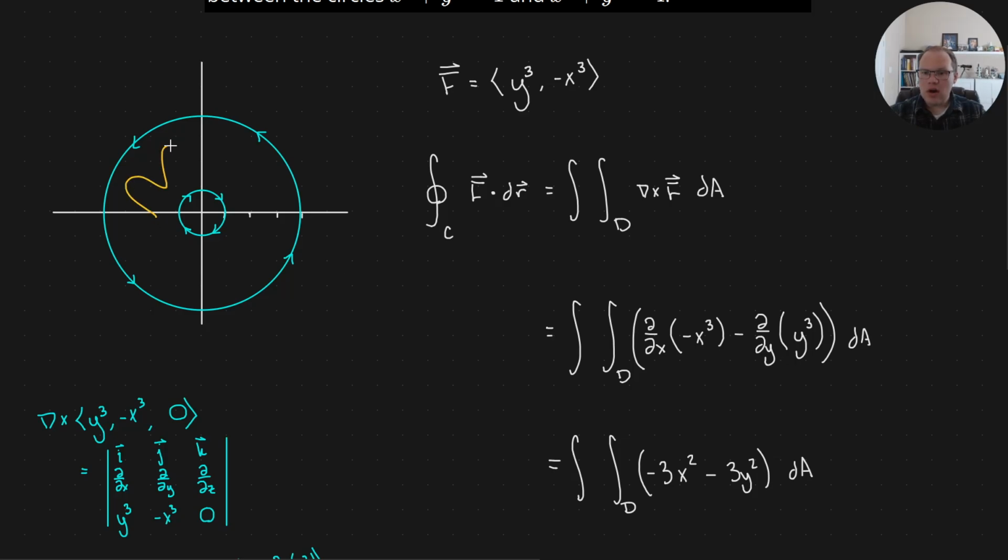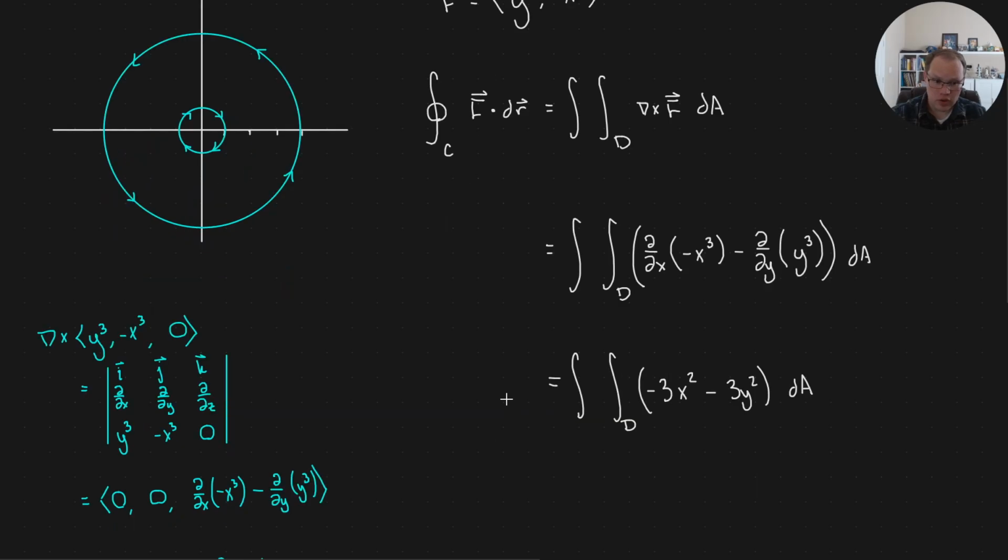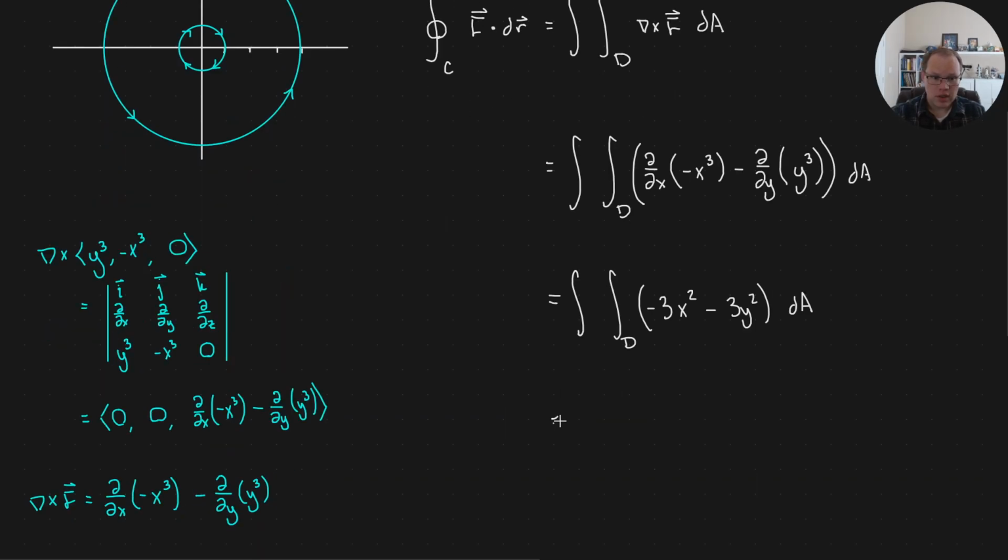Now, based on region D, which would be the interior here, this region right here is D. It's an annulus, okay? The interior of one circle and the exterior of another circle. The easiest approach here is going to be to use polar coordinates. So let's use polar coordinates. So I'm going to factor out the common negative 3. Since it's a constant, I could pull it out of both integrals.